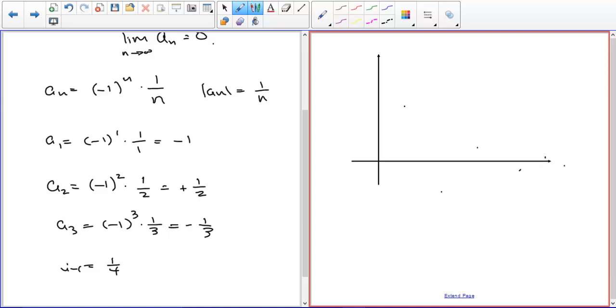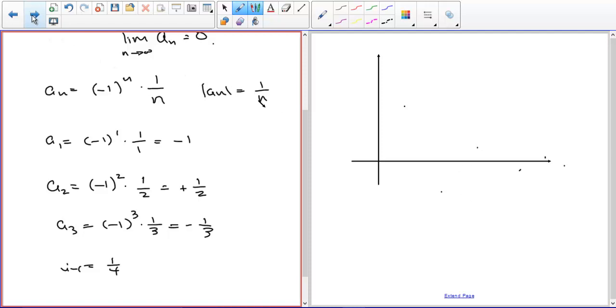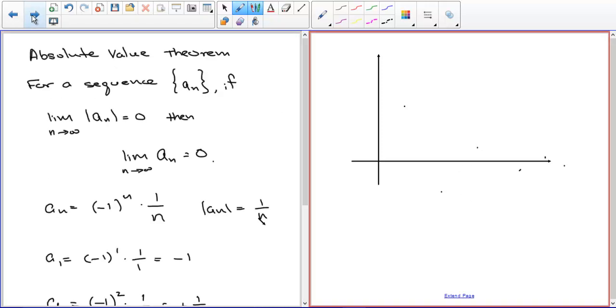Instead of approaching 0 from one side, it approaches 0 from both sides. It's all alternating back and forth, but it doesn't affect the limit as far as the value of the sequence. You'll see where these come into play later. So that's the absolute value theorem for a sequence.